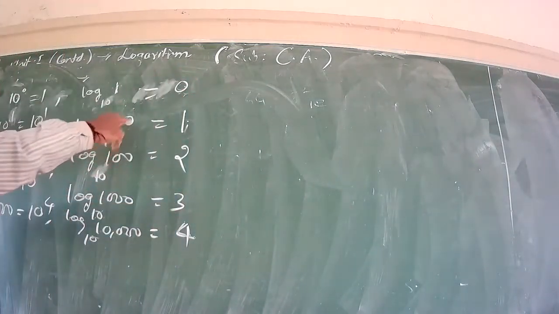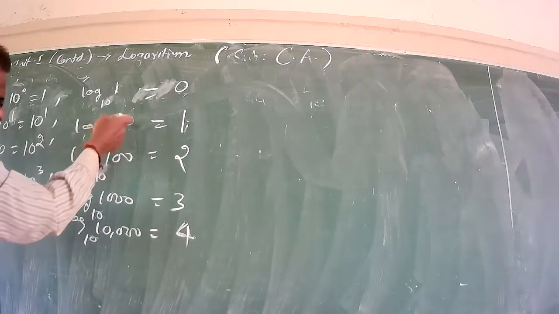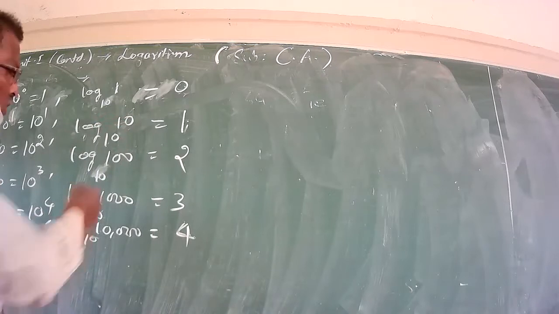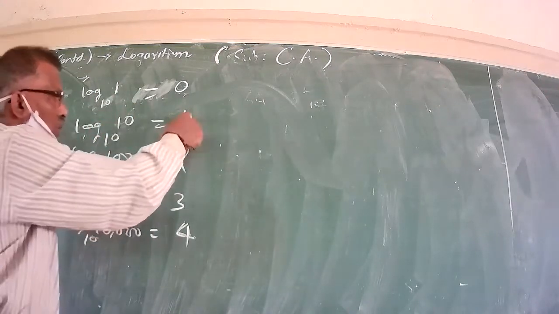Similarly, for any number lying between 10 and 100, the log changes from 1 to 2.